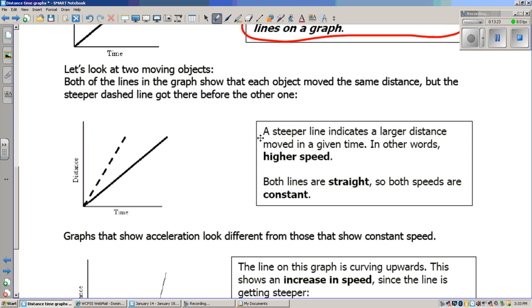Underline this. A steeper line indicates a larger distance moved in a given time. In other words, a higher speed. The steeper the line is, the quicker you're going. Again, both of these lines are straight, which means the speeds are constant. They're traveling at a constant speed.